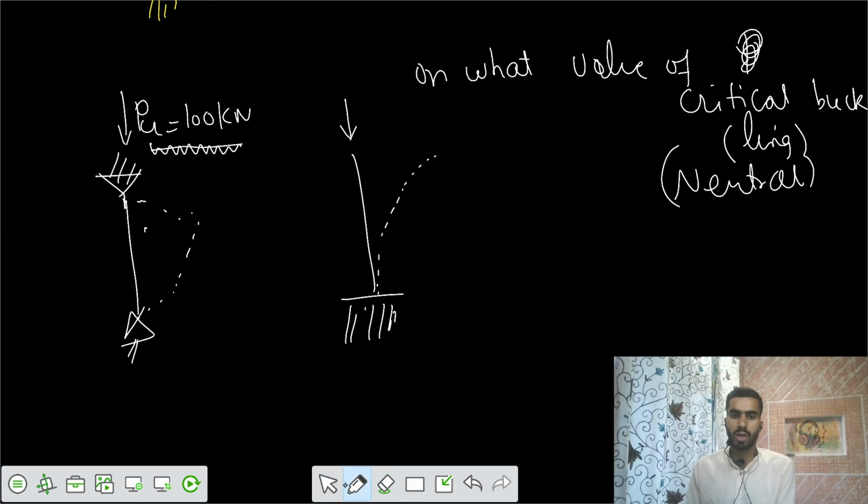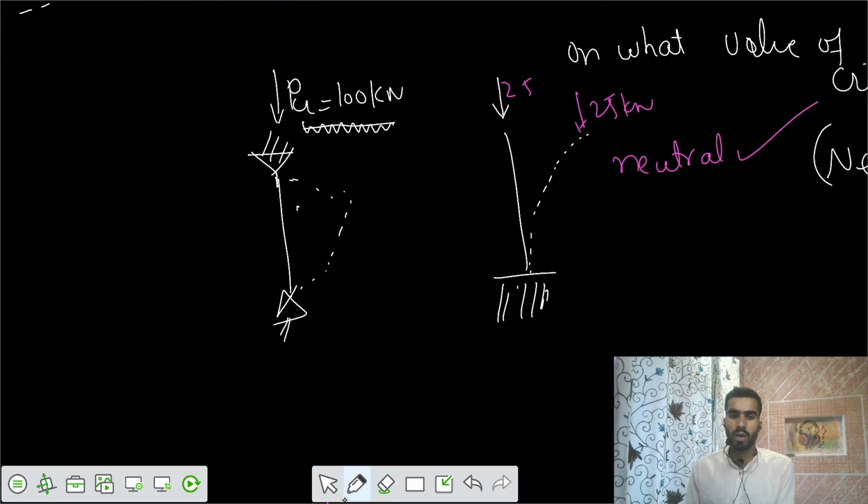So you have to apply only 25 kilonewton here. At only 25 kilonewton, your neutral equilibrium would be reached. For the pinned column it arrives at 100 kilonewton, but for this case only at 25 kilonewton.